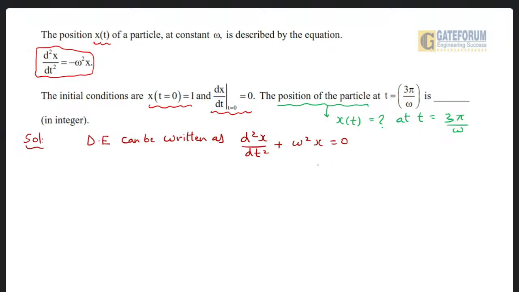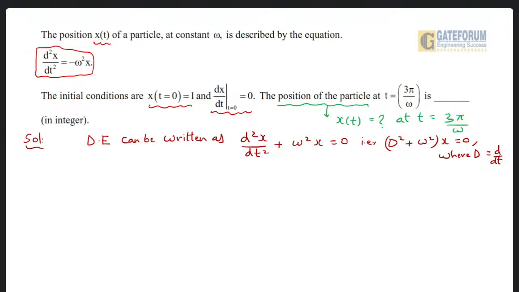So x is the dependent variable, t is the independent variable. So this is our differential equation. Writing in operator form, capital D square plus omega square into x is equal to 0. Okay, what is this capital D? D is d by dt, which is an operator, derivative with respect to t. Don't think this DE as derivative. It is differential equation, the word differential equation in short form.